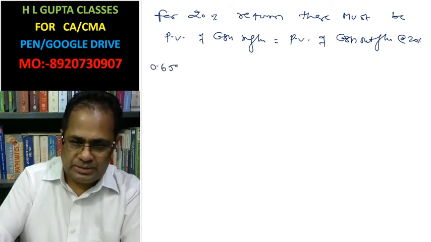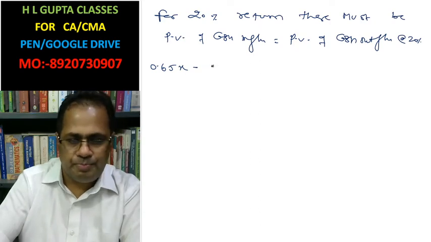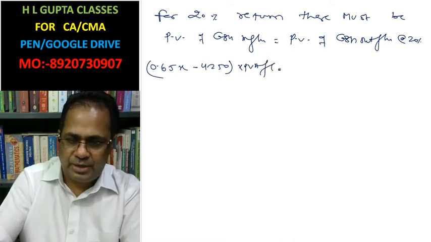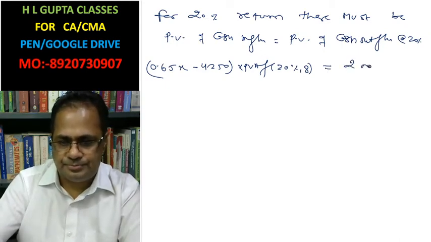That is, 0.65x minus 4250 into present value annuity factor for 20%, 8 years, equals 2 lakhs.